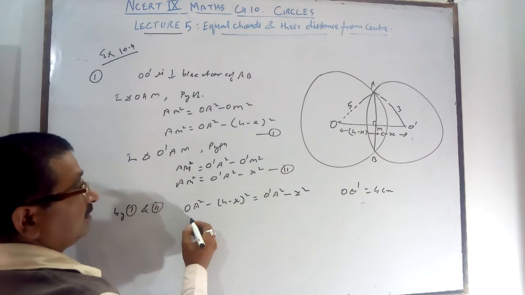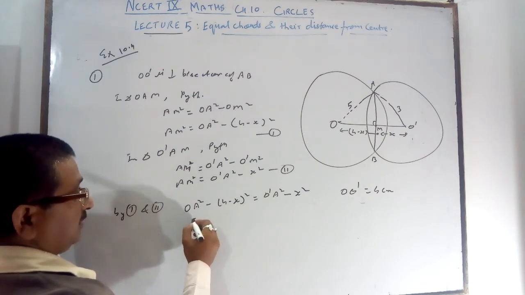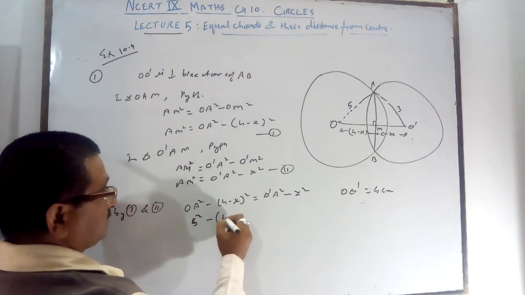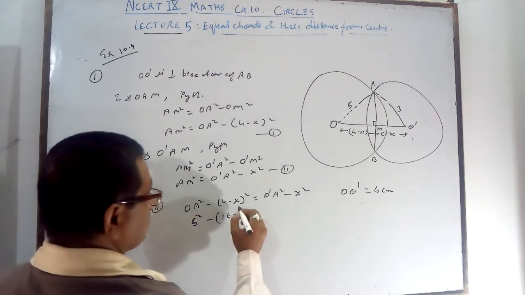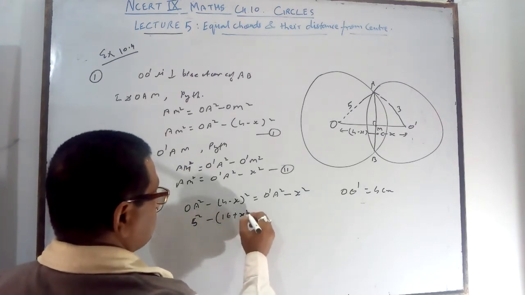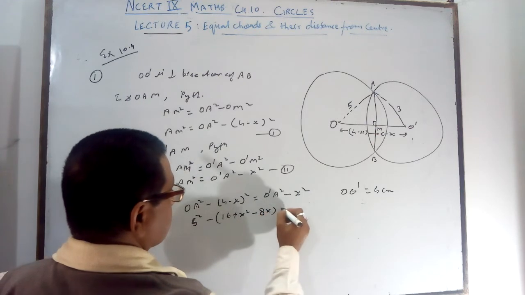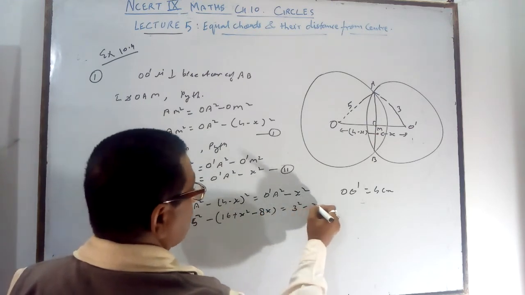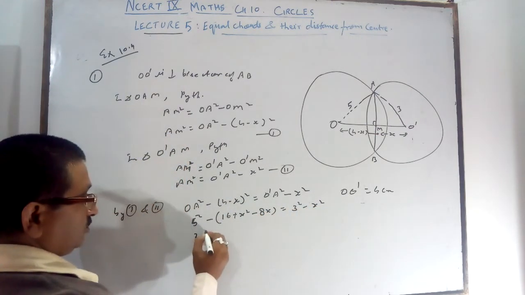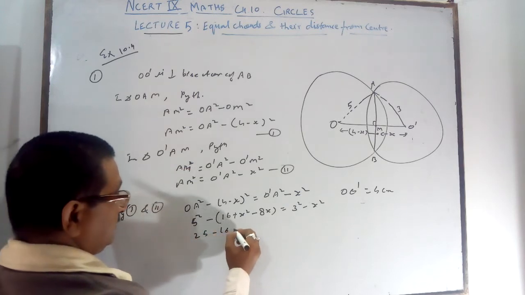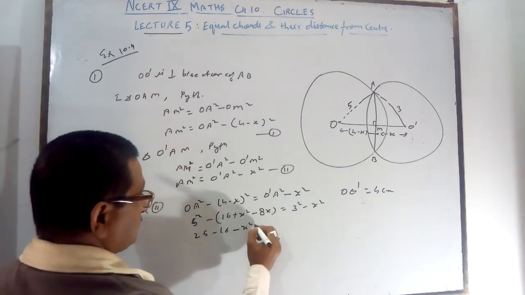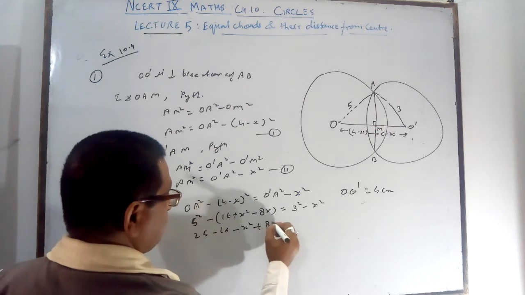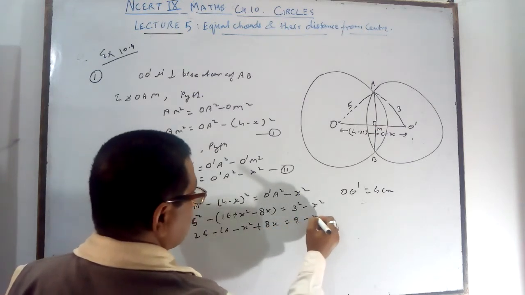Put in the values. OA is given as 5, so 5 square minus (16 plus X square minus 8X) is equal to 3 square minus X square. So 25 minus 16 minus X square plus 8X is equal to 9 minus X square.